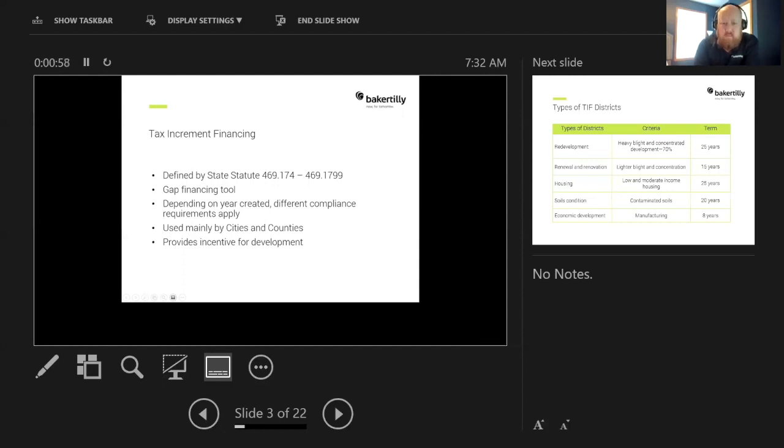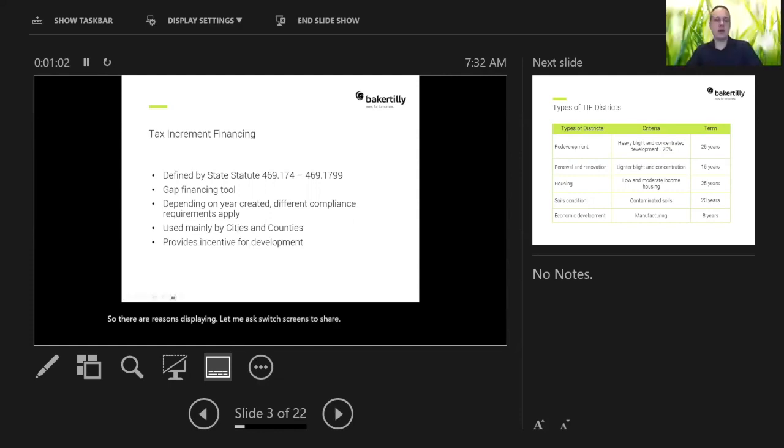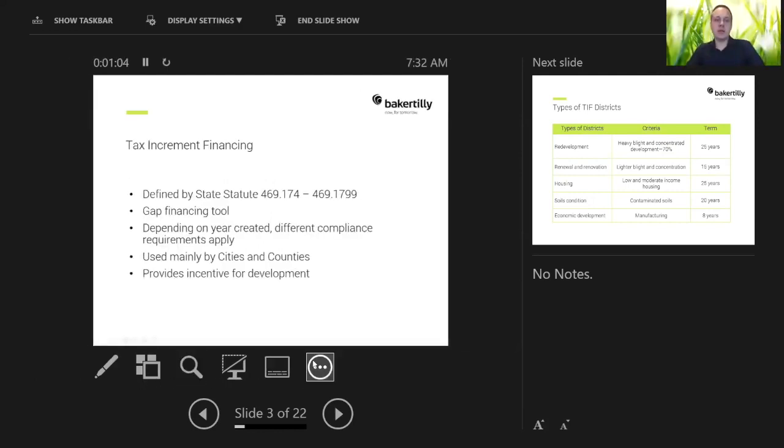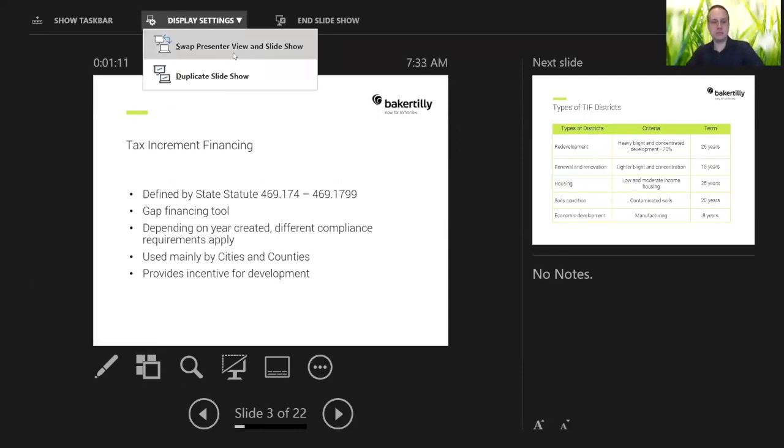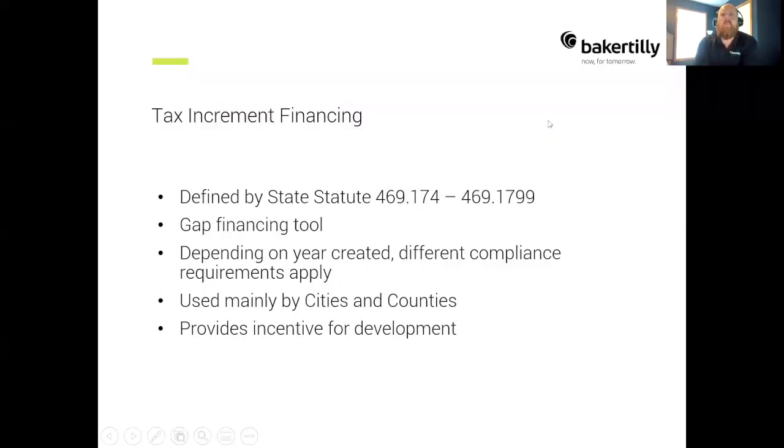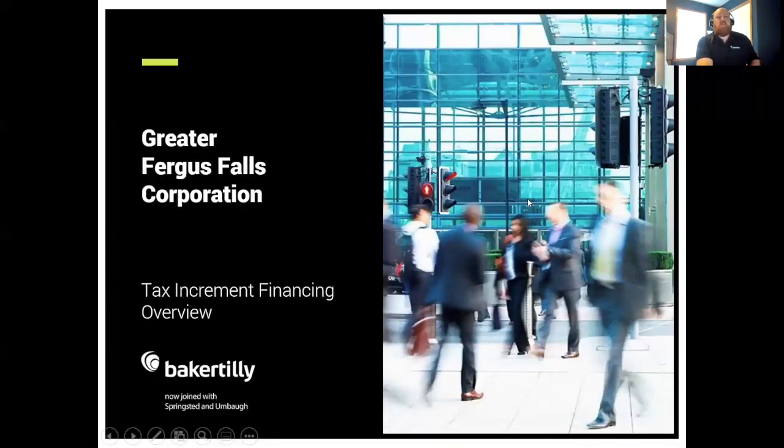Let me switch screens to share. I think you might be able to hit display settings at the top and it might toggle it, right above the window near the top that says display settings. Yeah, there we go. There we go. Yes, all right.